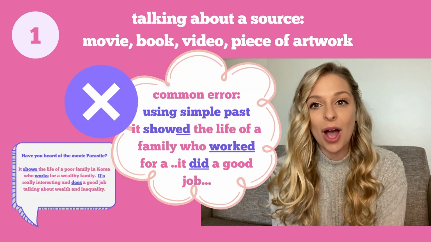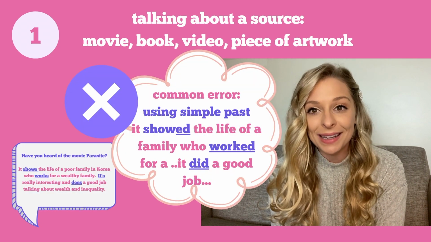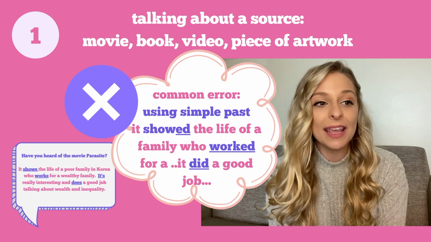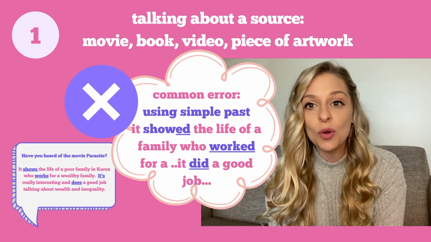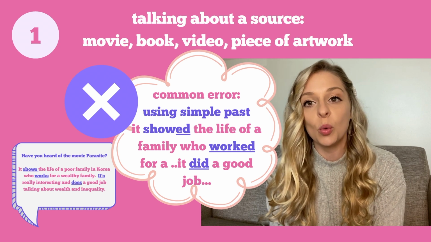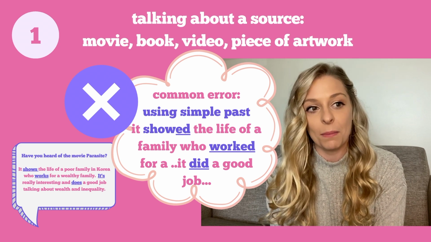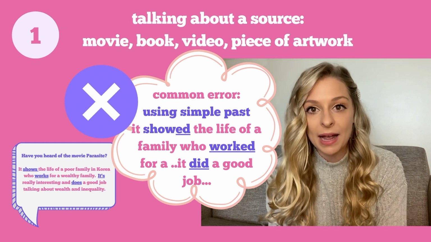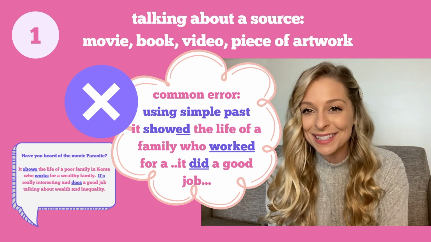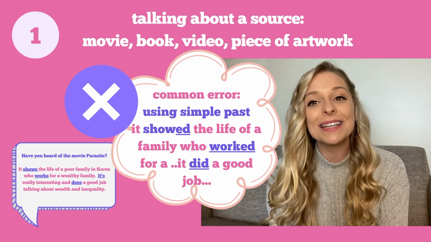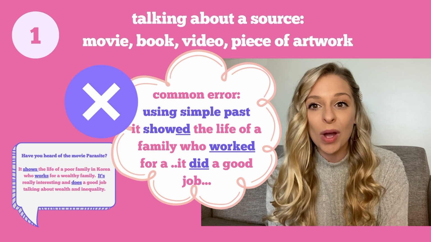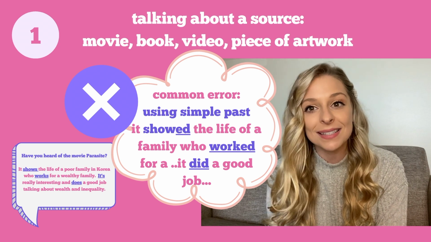Now, one of the most common mistakes I see my students making with this is they will use the simple past. They will say things like, "It showed the life of a poor family who worked for a wealthy family. It did a good job." Now, this makes sense to me, and I understand why, because you might have seen this movie in the past, so you want to report about it in the past.